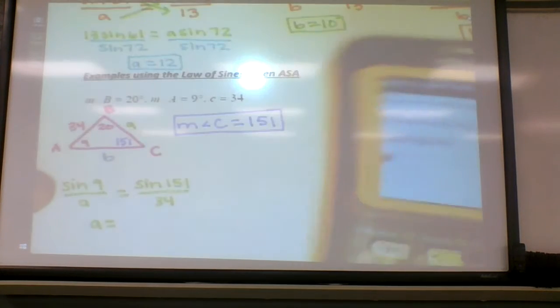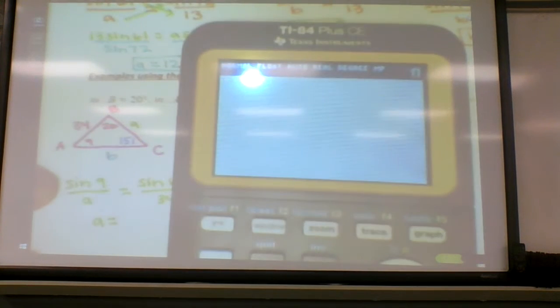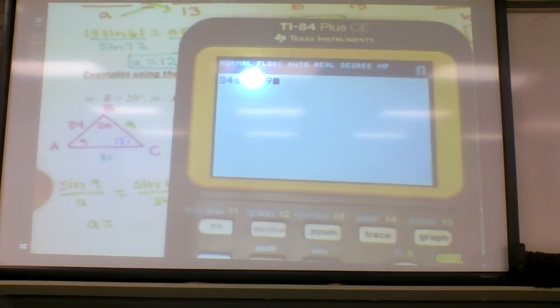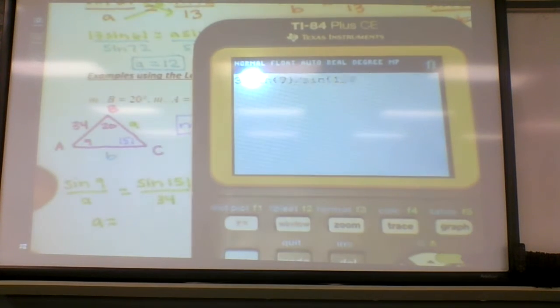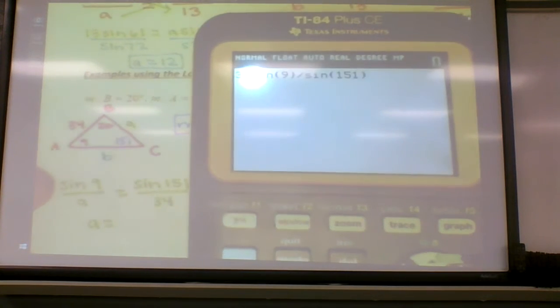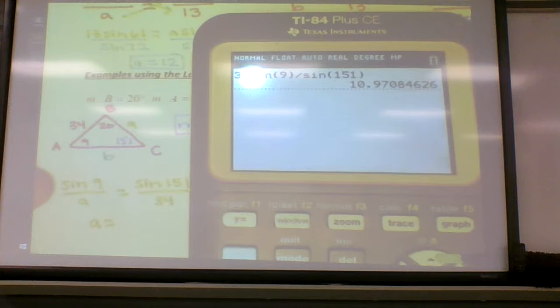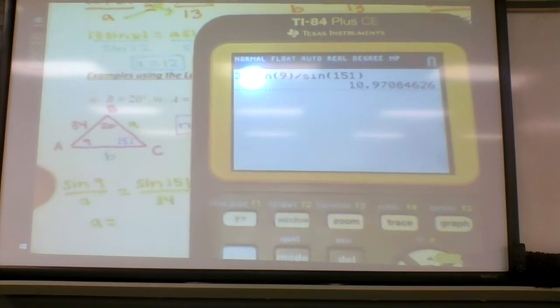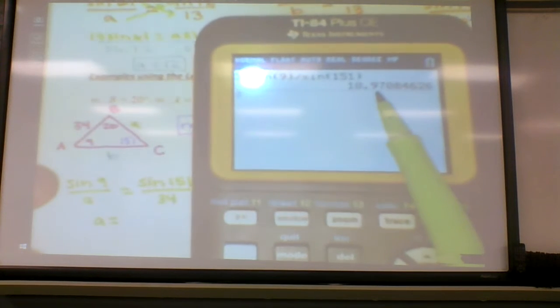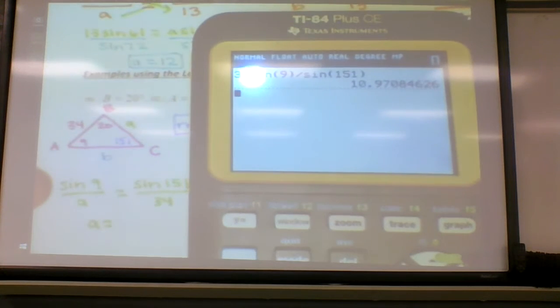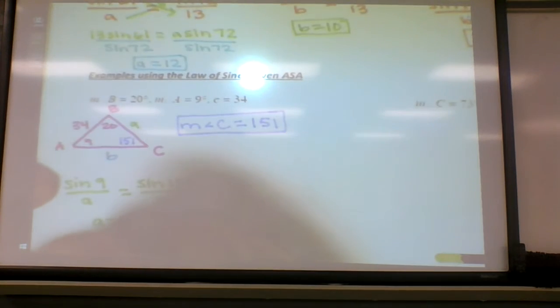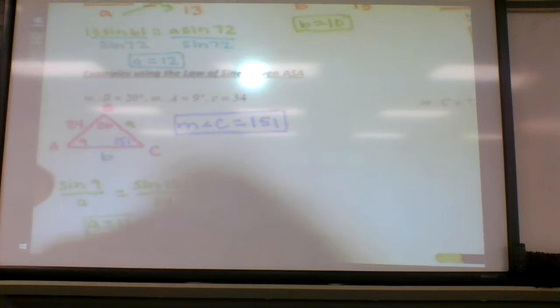Yep. So it ends up being 34 times the sine of 9. Make sure you close that parenthesis. And then wind up dividing it by the sine of 151. So side A rounded to 1 decimal point would be what number? 11. So side A is 11.